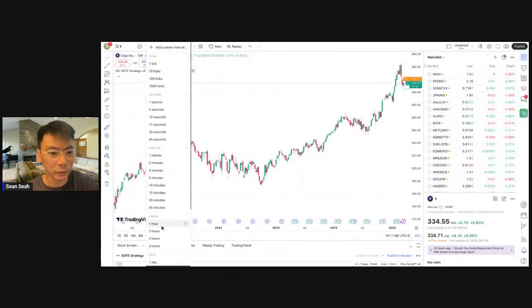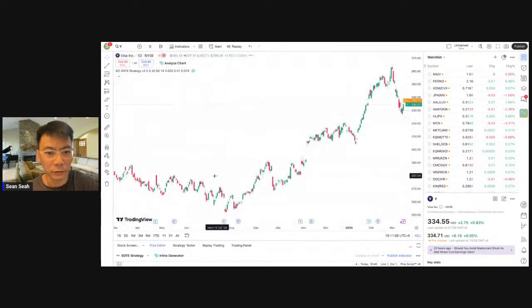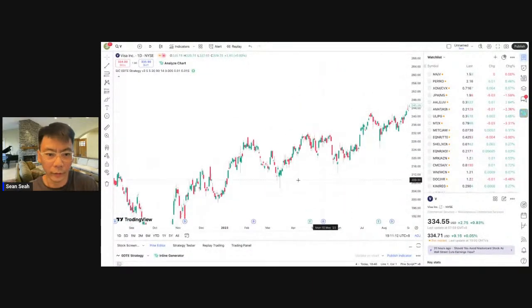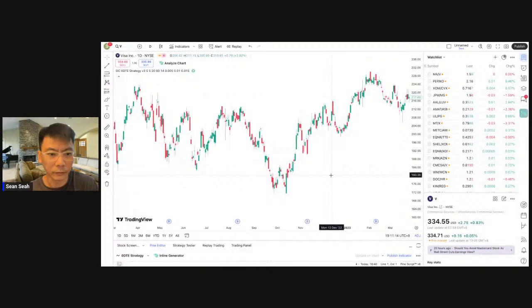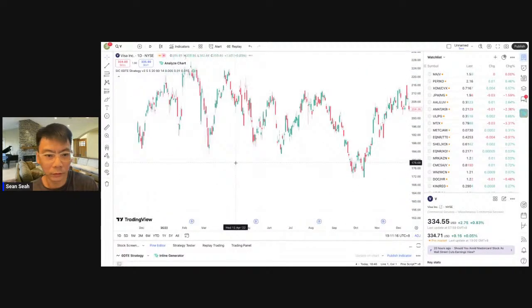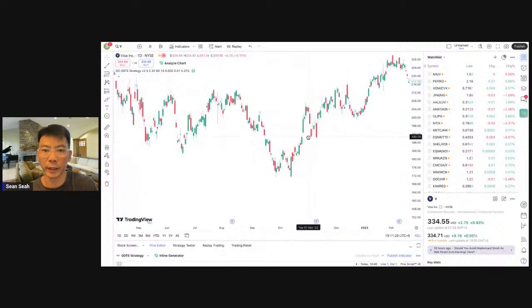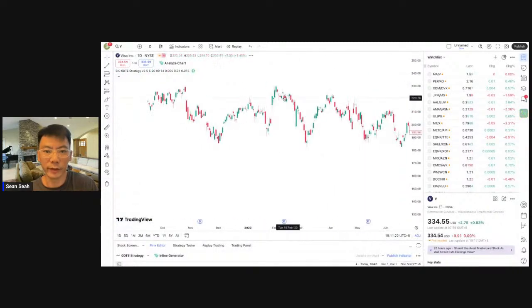So let's go back to 2020 during COVID. So in 2022, you can see that it looks like it is going sideways, not so much of a downtrend.